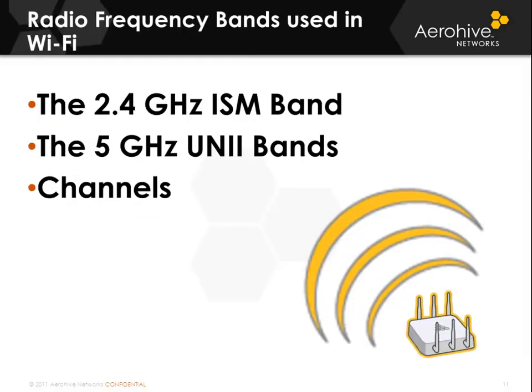Radio frequency bands used in Wi-Fi. We have the 2.4 gigahertz ISM band, and we have the 5 gigahertz UNII bands. And inside that, there are frequencies that are reserved or set aside as specific channels based on the space that they use within the given band.